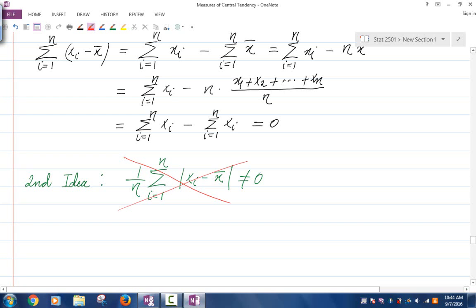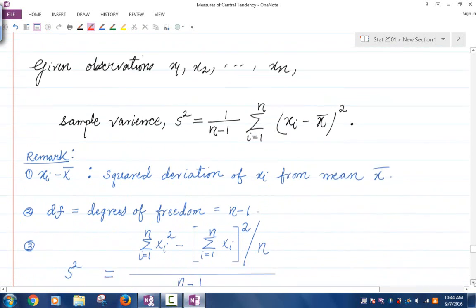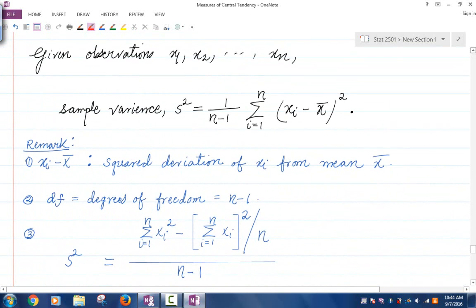So the measure that we are going to take is called the sample variance. Instead of looking at the average value of the absolute values of the deviations, we're going to look at the average value of the squared deviations. Notice that I have xi minus x bar, which I call the deviation of xi from x bar, and I'm taking the square of that.